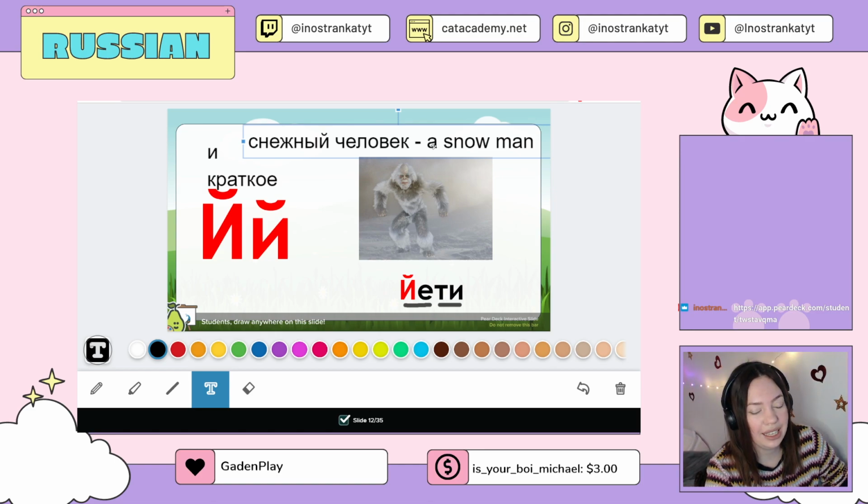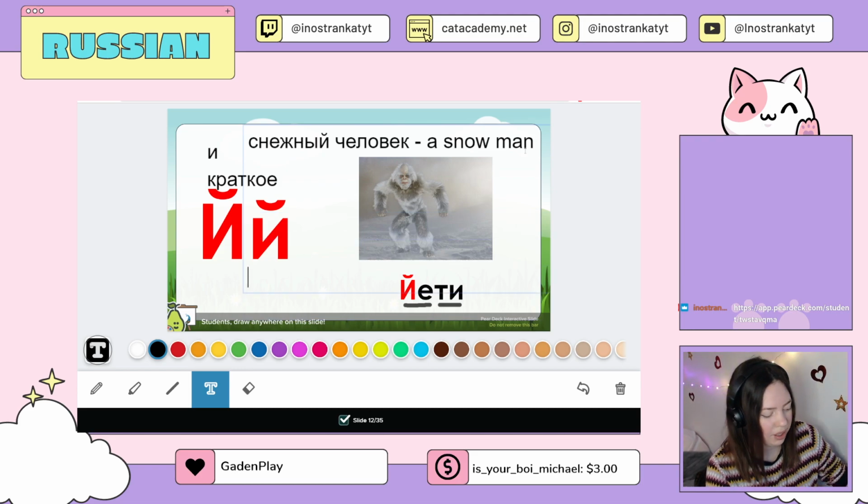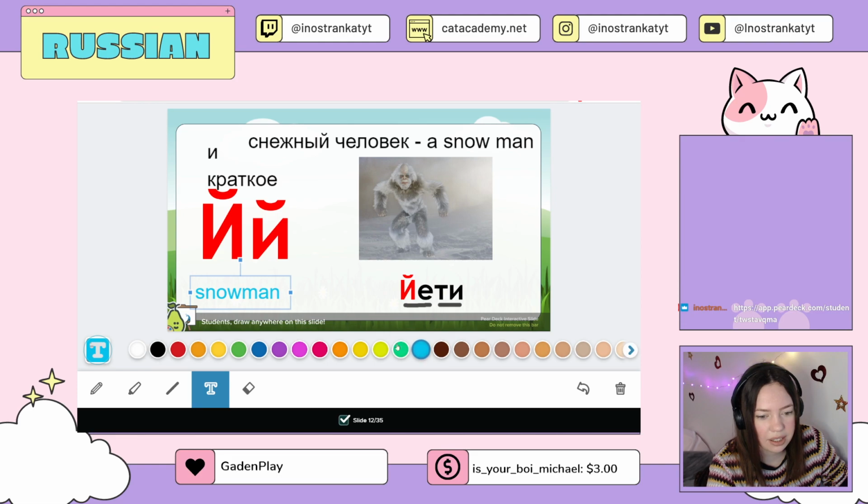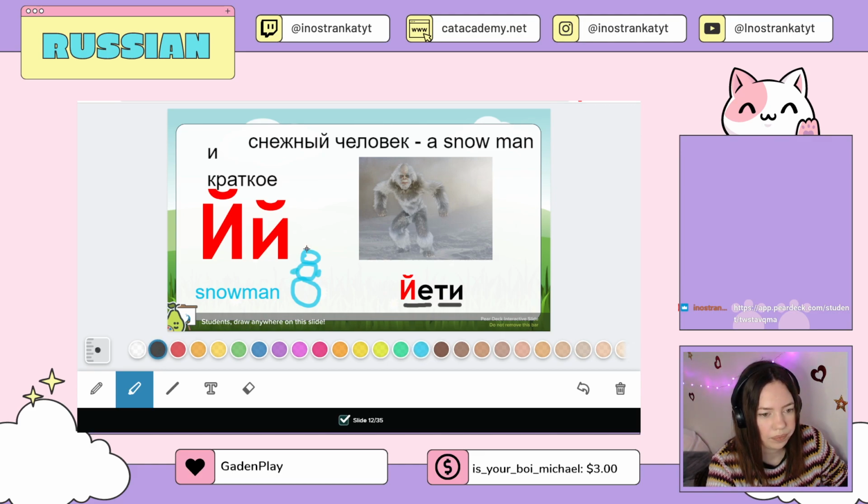And we know that in English, if we write it together, snowman is basically something that children make in the winter, like for Christmas, when there is snow, and they put some carrots into it as a nose.